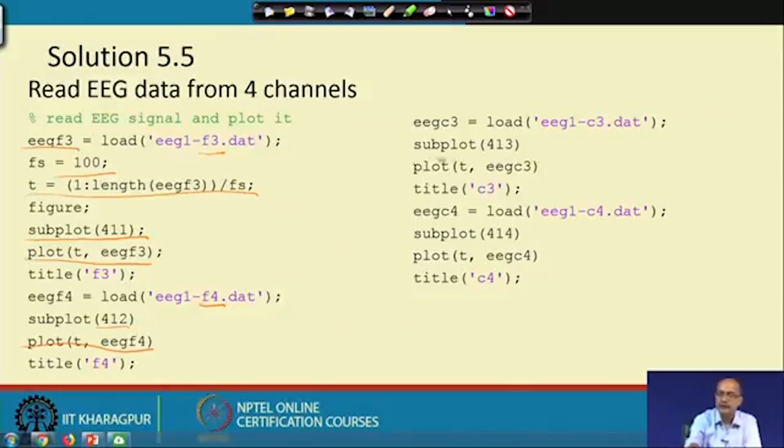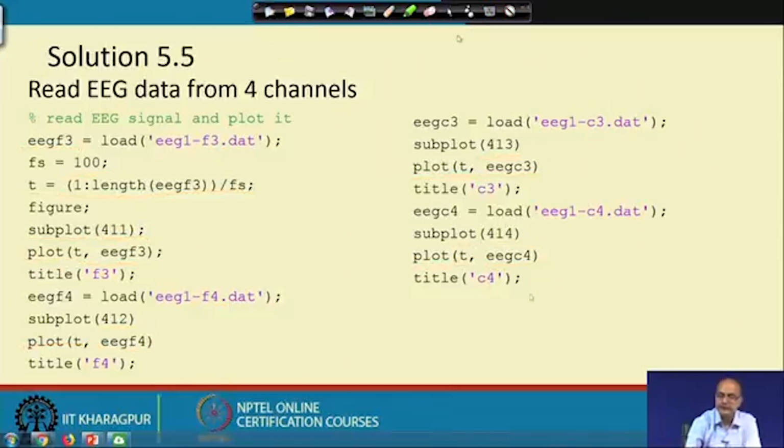Then in the third row we are plotting the signal C3, and in the fourth row we are plotting the signal C4. Here we have done that.